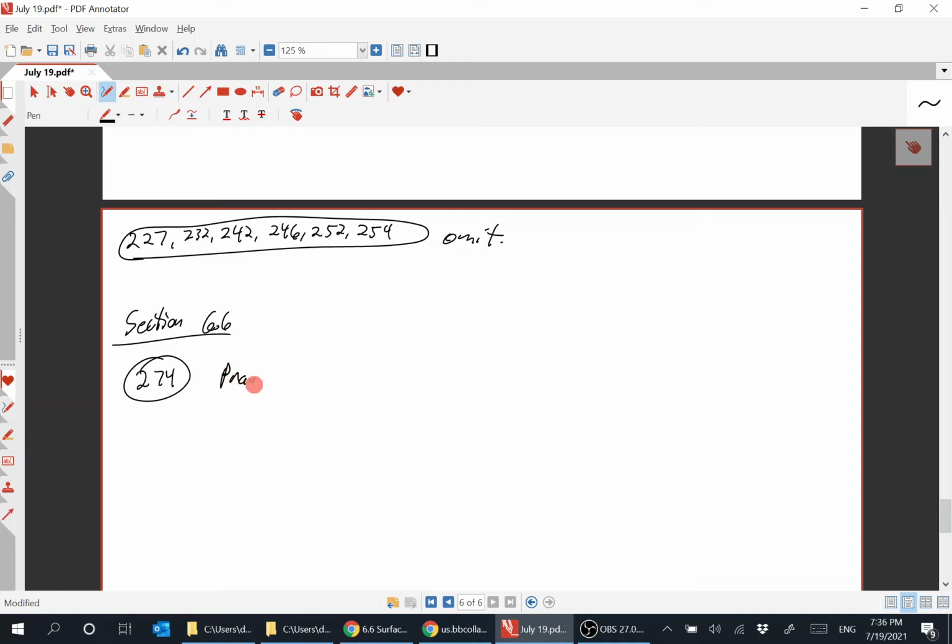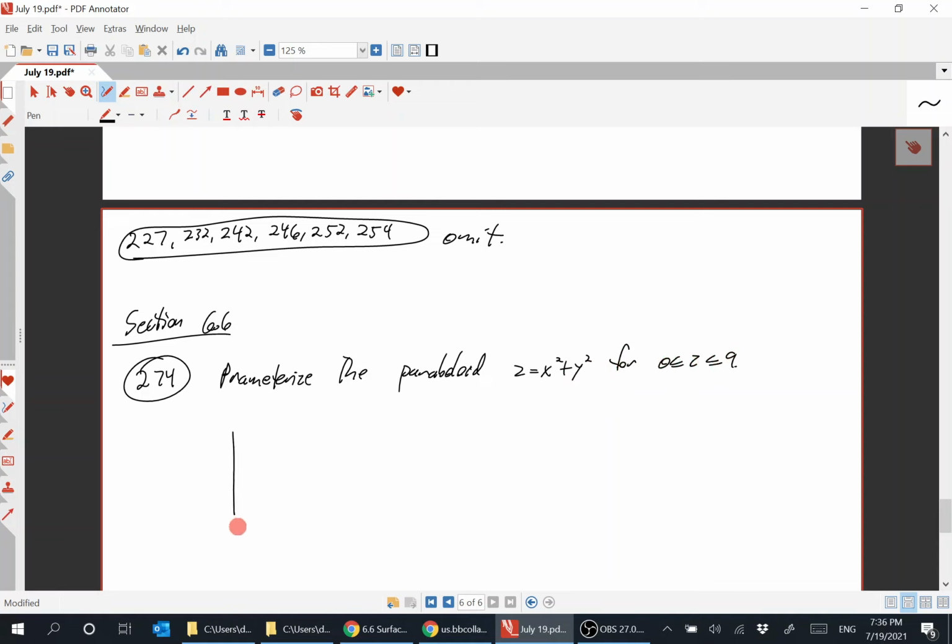So parameterize the paraboloid z equal to x squared plus y squared for 0 less than or equal to z less than or equal to 9.